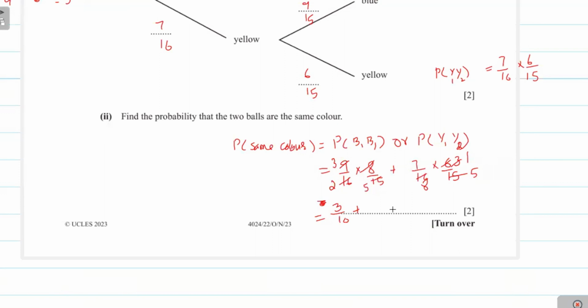We can write plus 7 over 40. Now we make the denominators the same. If we multiply the first fraction by 4, we get 12 over 40 plus 7 over 40, and this will be equal to 19 over 40, and this is the answer.